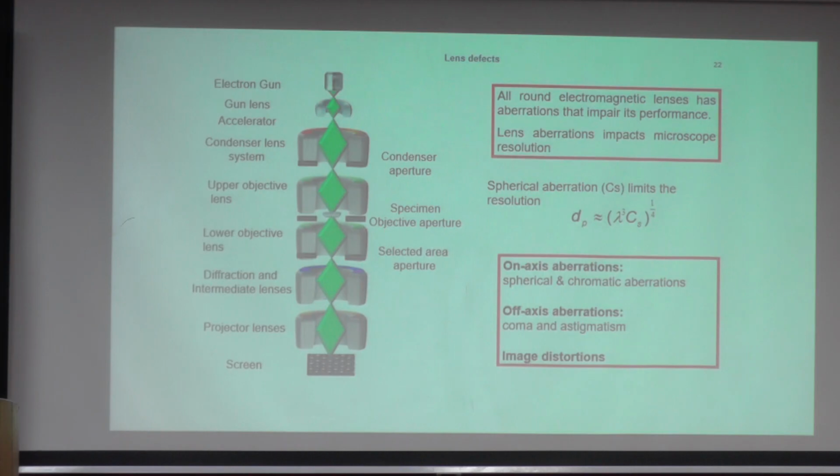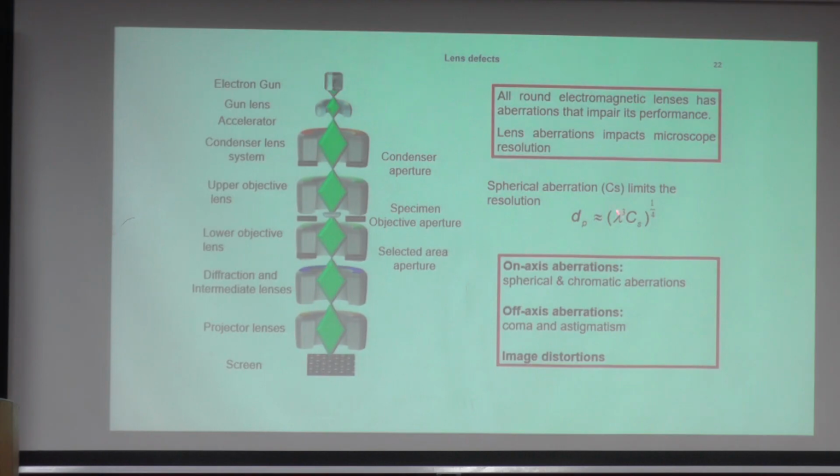So now let us look at the defects of the lens. They are not perfect, and then they have defects, called aberrations, that affect their performance. The resolution of an electron microscope, we can just approximate, is defined in a very simple case.